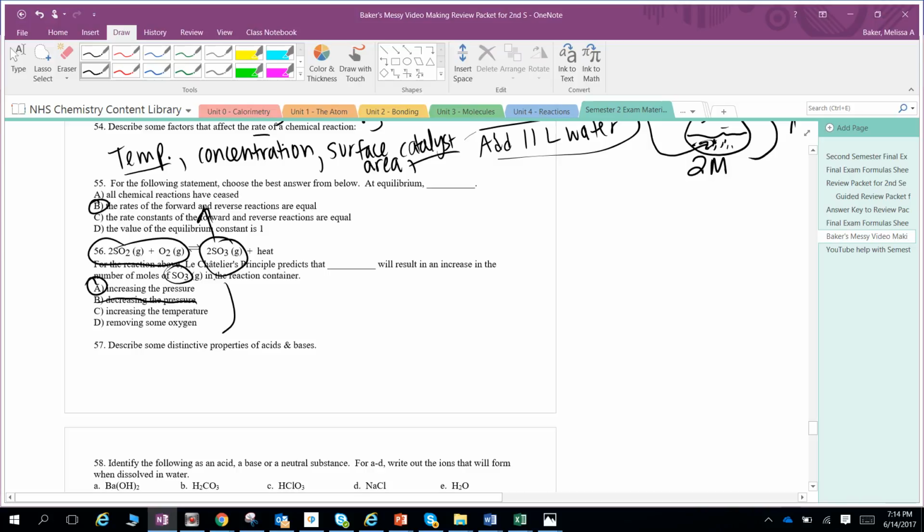Decreasing pressure wouldn't do that. If you increase the heat, you'll actually increase the reverse reaction, so that wouldn't do it. And if you take away oxygen, again, it will try to shift left to compensate. So the only one that will shift the forward reaction to be the favorite is if you increase the pressure.